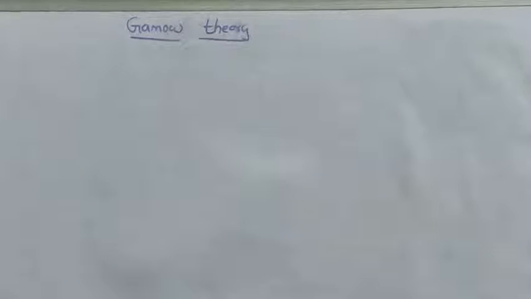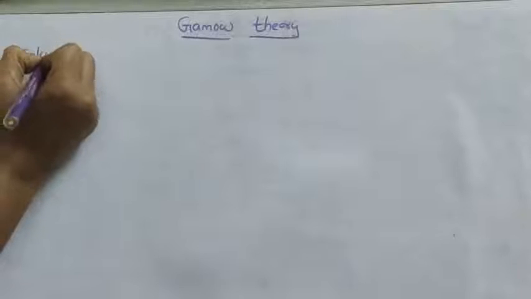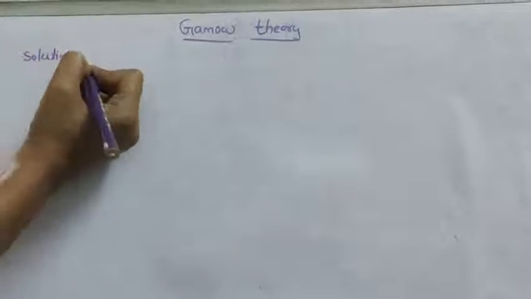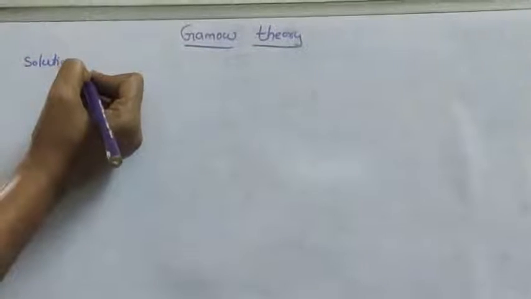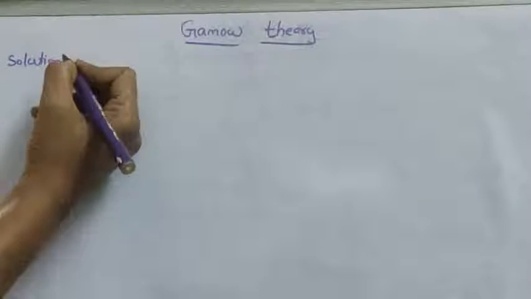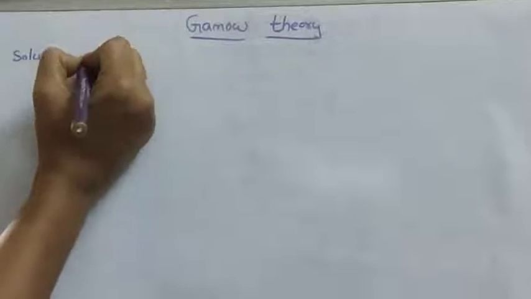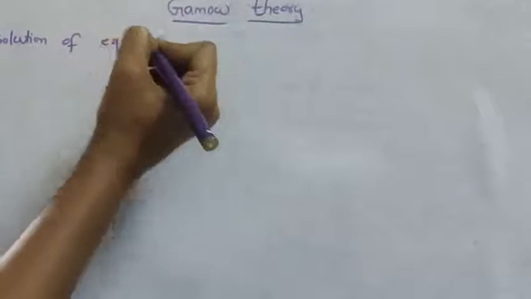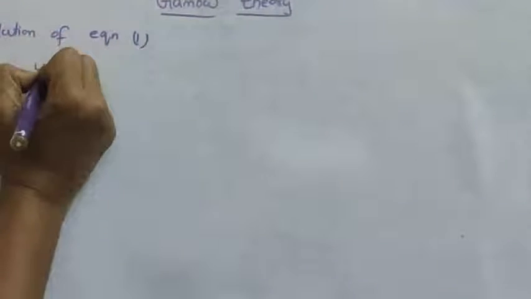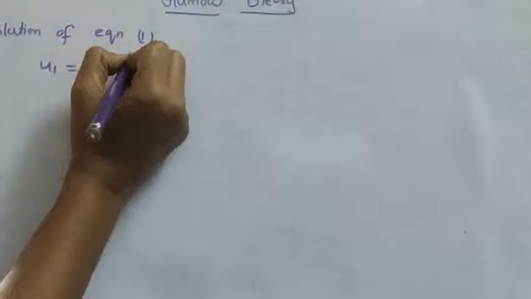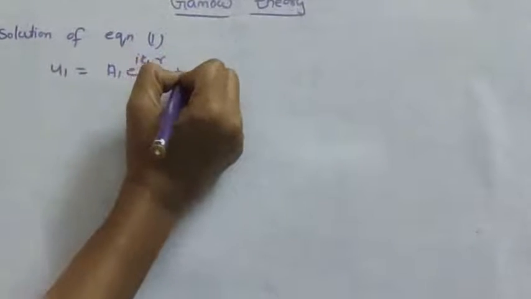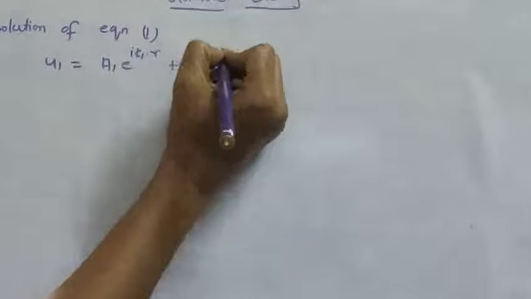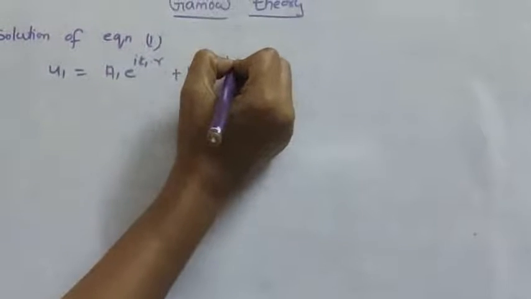We have considered the Schrodinger equation for regions 1 and 3 and the Schrodinger equation for region 2. Now we are going to consider the solution of equation 1. The solution of equation 1 is given by u1 = A1 e^(ik1r) + B1 e^(−ik1r).